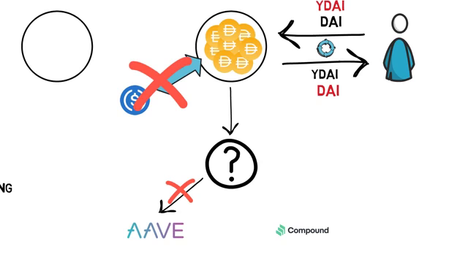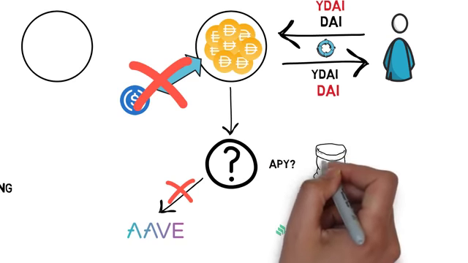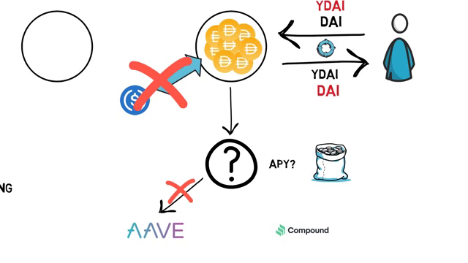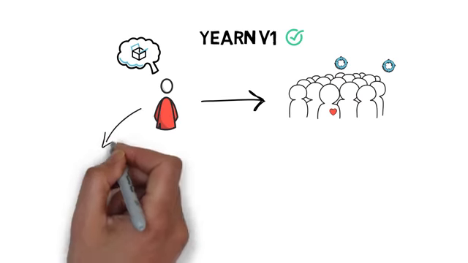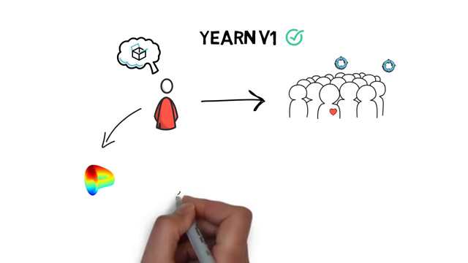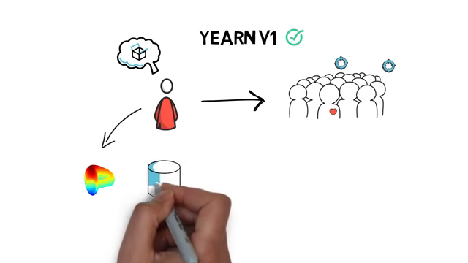Now, the protocol also had to anticipate what would happen to the APY if a large amount of funds are moved in. So it would have to optimize splitting funds between different protocols and choose the most optimal solution. At this point, Andre also started working with Curve on the yCRV liquidity pool.